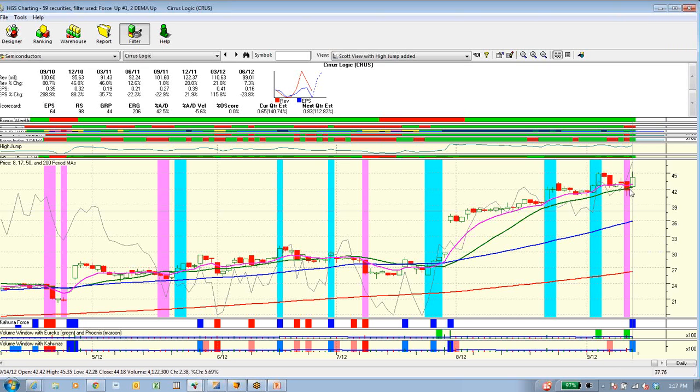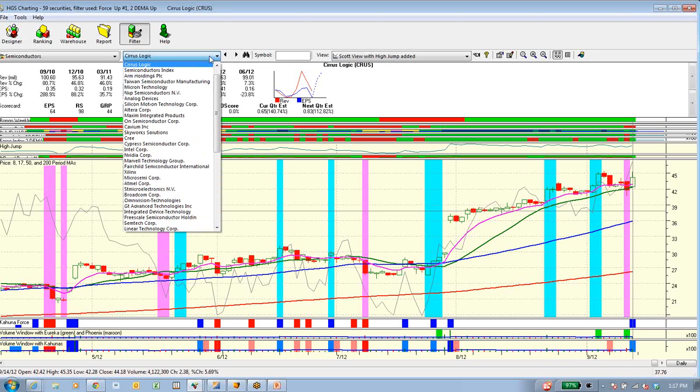It pulled back to the 17-day moving average, and then had a big up day on Friday on decent volume. I like this stock. It's in the leaders for that reason. It will, however, do what the market does.